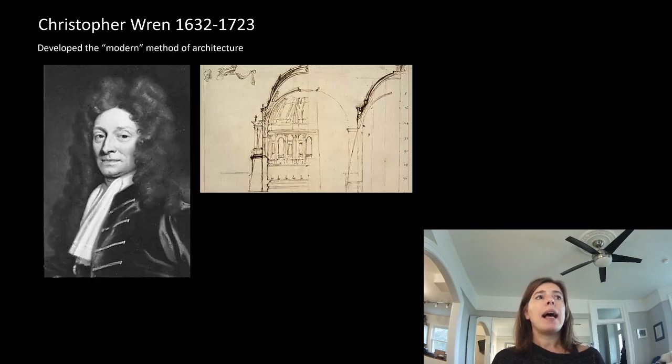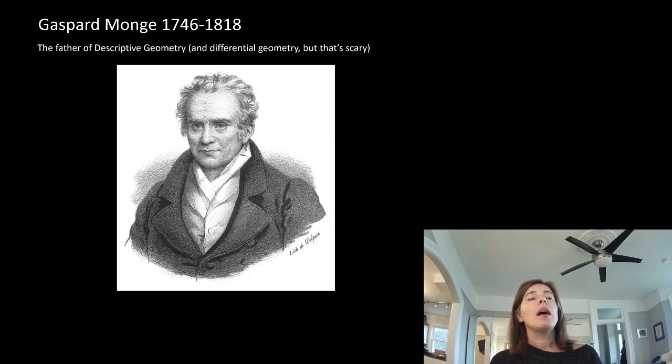So Wren started getting into organizing descriptive geometry for buildings. You can see here a drawing that he had done that really starts to let you build something intricate. Gaspard Monge, I'm sure I'm saying it wrong, is the father of descriptive geometry and differential geometry, but you guys probably don't care about that, but that's using integrals and differential mathematics to describe surfaces and volumes.